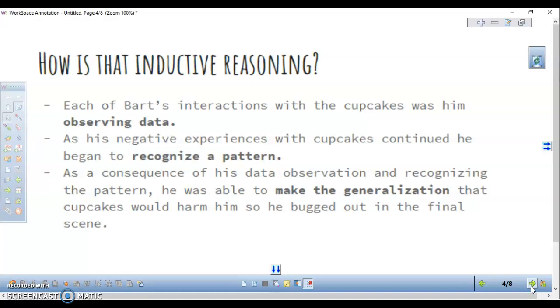As his negative experiences with cupcakes continued, he began to recognize a pattern. He probably began to think in his head, "Oh man, cupcakes are bad news," right? As a consequence of his data observation and recognizing the pattern, he was able to make the generalization that cupcakes would harm him. So he bugged out in that final scene, and he's like, "I want nothing to do with cupcakes," and then fell to the floor. So there you have it, folks. That, in a nutshell, like big picture, is inductive reasoning.